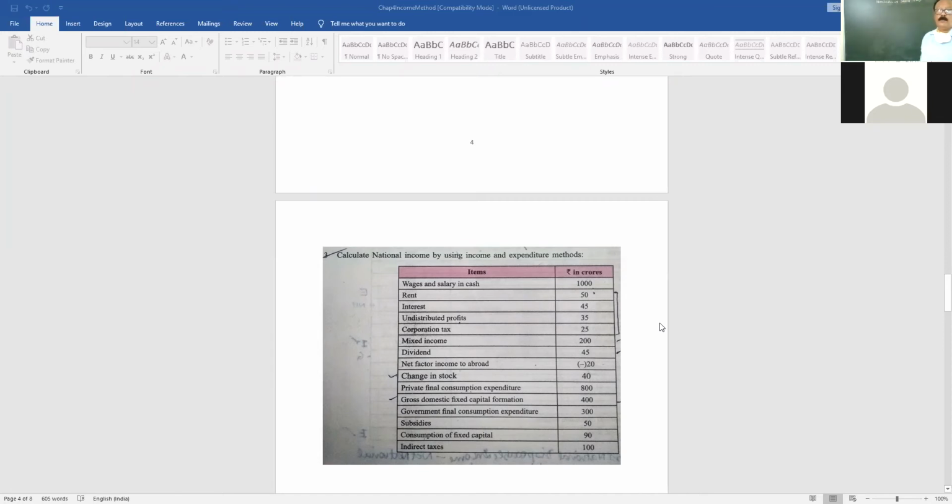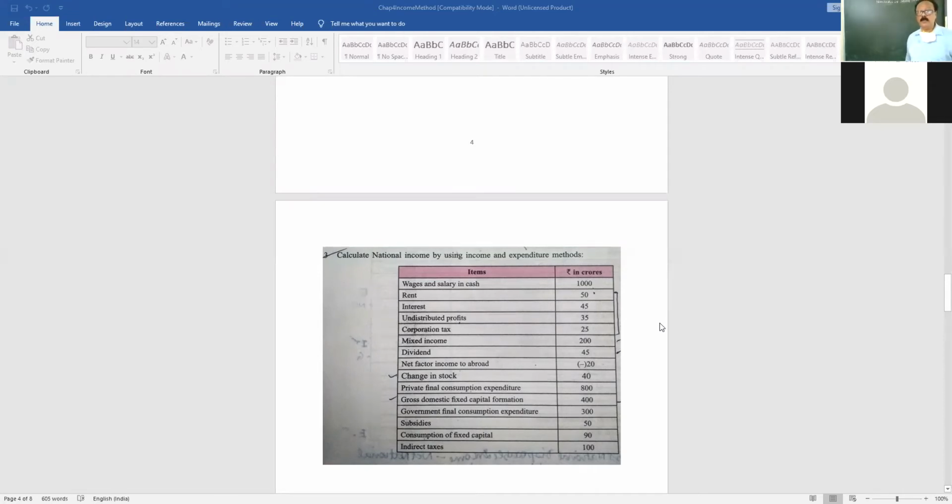Items given: wages and salaries in cash 1000, rent 50, interest 45, undistributed profits 35, corporation tax 25, mixed income 200, dividends 45, net factor income to abroad minus 20, change in stock 40, private final consumption expenditure 800, gross domestic fixed capital formation 400, government final consumption expenditure 300, subsidies 50, consumption of fixed capital 90, and indirect taxes 100.